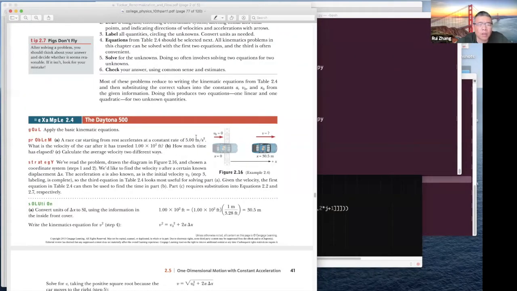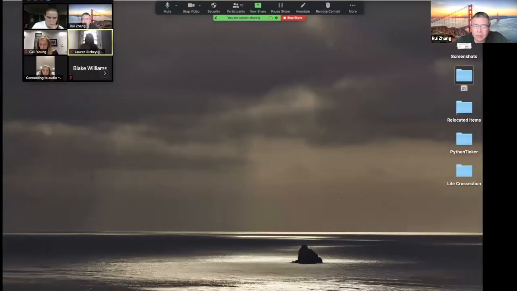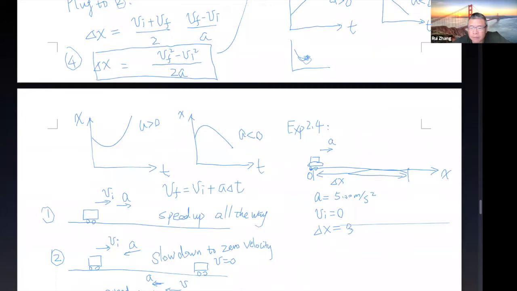Because we want to work in SI units, we need to convert it to meters, but they already converted it here for us. So I will just use this number, 30.5 meter. That's the displacement. So that's all the information we know from the problem.